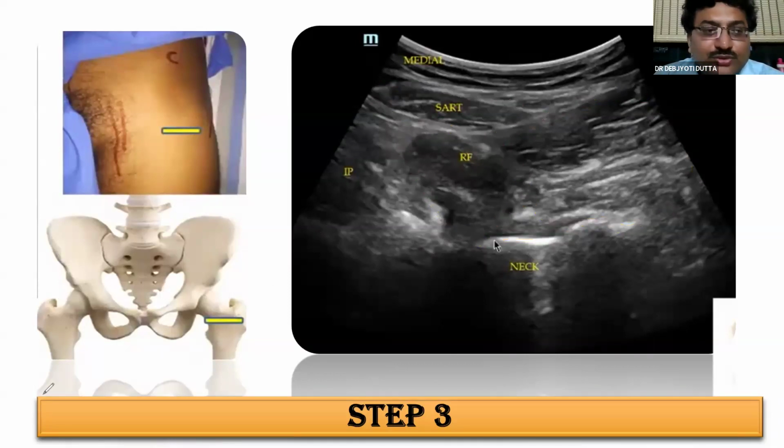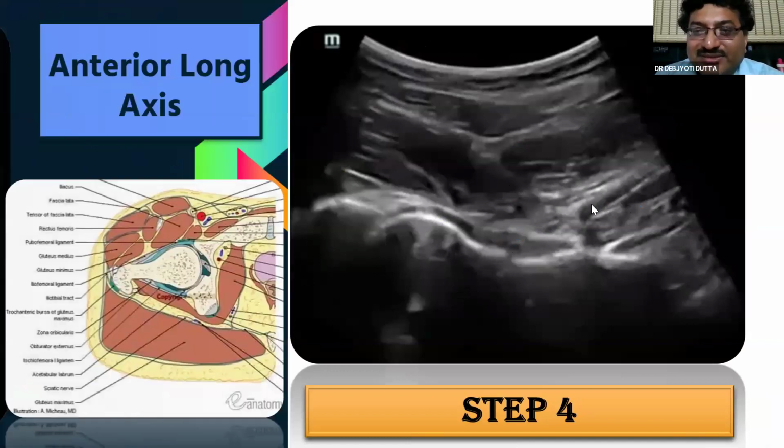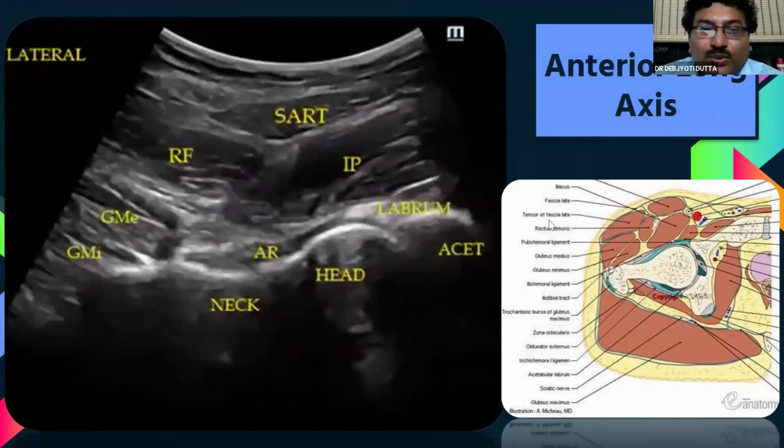Again, I will show you while I am scanning. Now we can go further medially and further laterally to find other muscles and other structures here. This is the area that we need to see carefully, this is how it looks in a good picture.